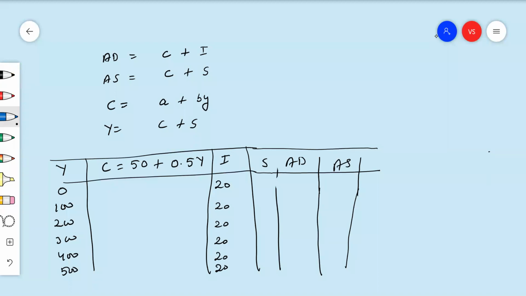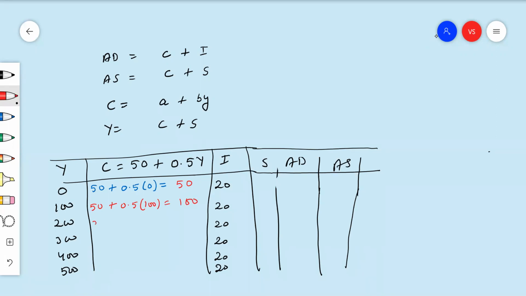Suppose the consumption function is given here, 50 plus 0.5Y. Y here is 0, so 0 multiplied by 0.5 is 0, plus 50, equals 50. Now again use the same value, 50 plus 0.5, and in place of 0 put 100. So 50 plus 50 equals 100.